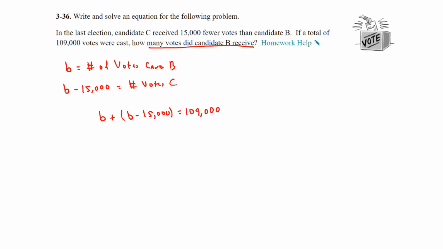109,000 votes. And so now if we solve this, we can combine our like terms. So 2B is equal to 124,000.